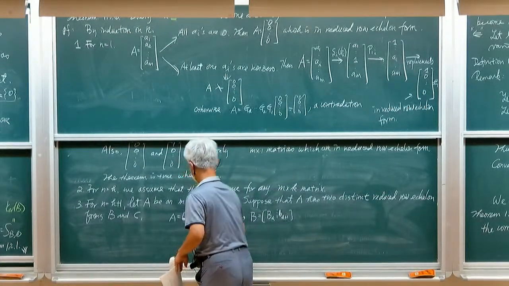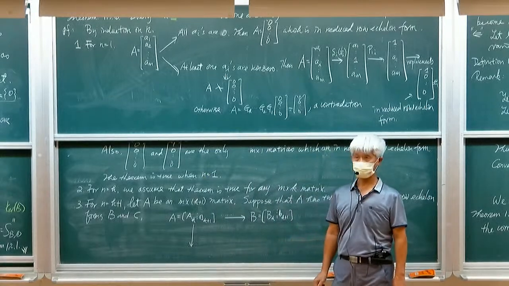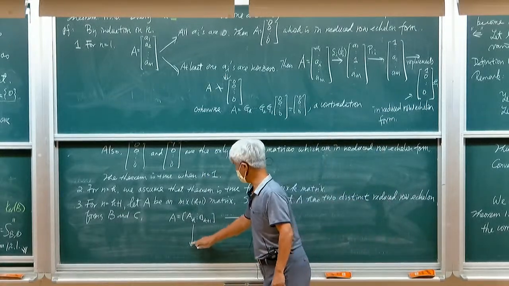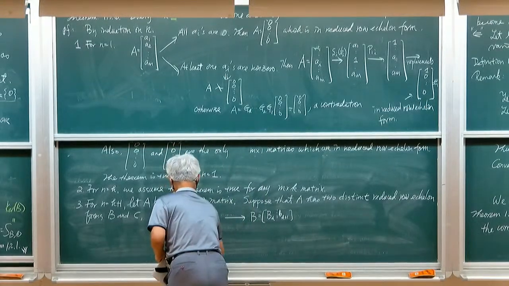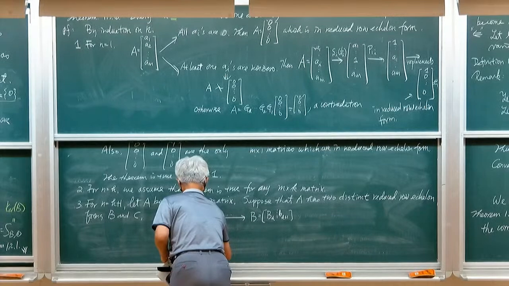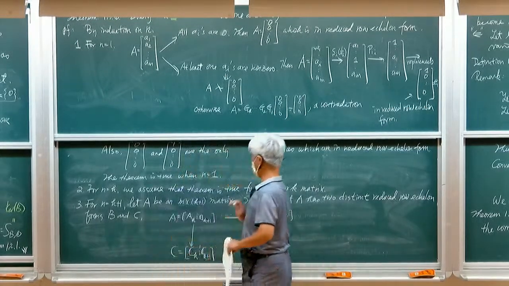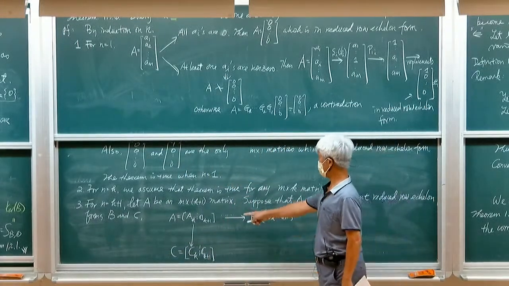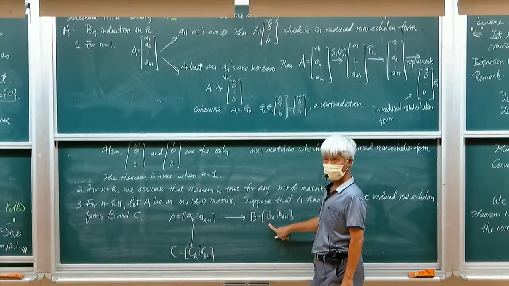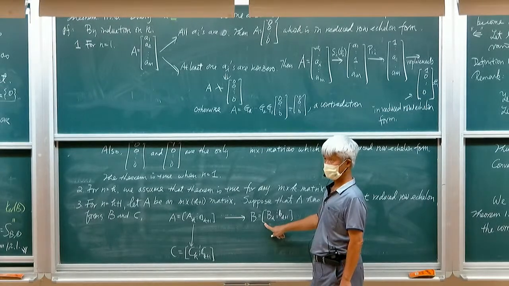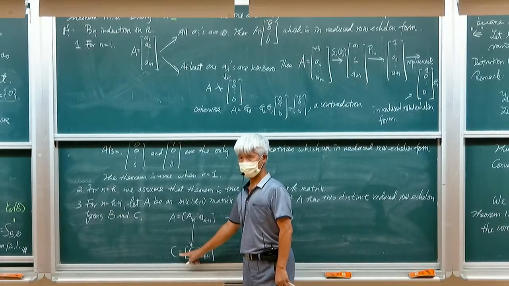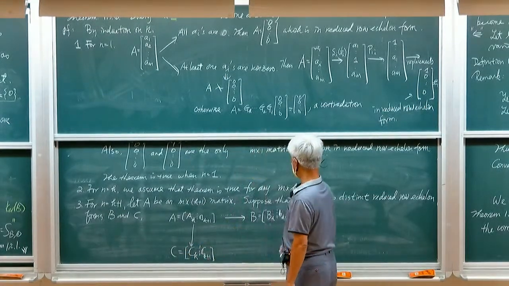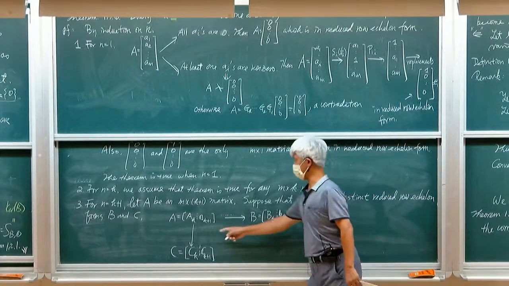And by another way, it ends up with C, C_k and c_{k+1}. Okay, so there are row operations to end up with a matrix B in reduced echelon form, and another matrix C in reduced echelon form. We assume they are distinct, so B and C are different.